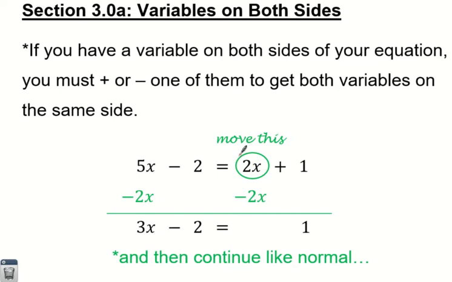So we move this, by basically subtracting it away from the right side, and so it ends up over here on the left side. So we subtract 2x from both sides. Now the right side is just 1, and 5x minus 2x becomes 3x. The minus 2 just comes down, that's over here as well. And then we continue like normal.